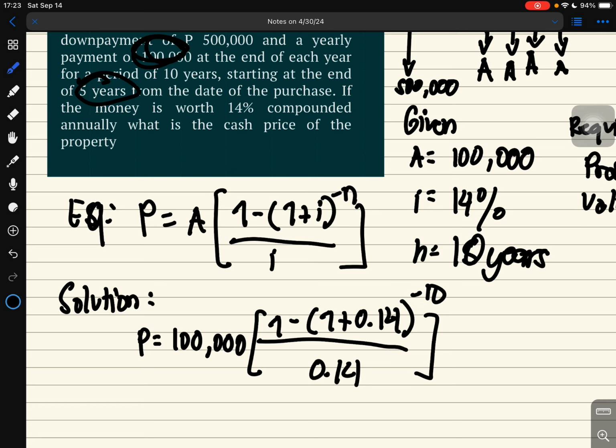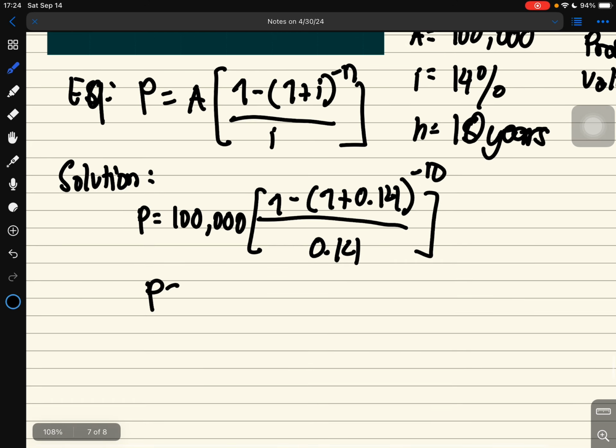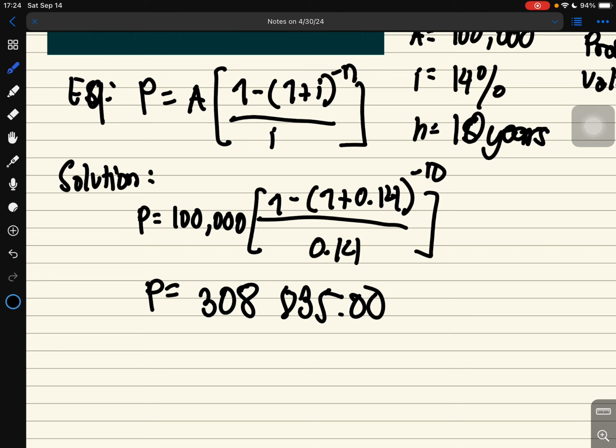Direct substitution lang. So, ilan makukuha natin? Ang makukuha natin ay 308,835.00.